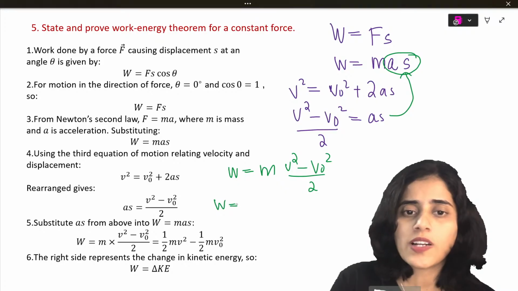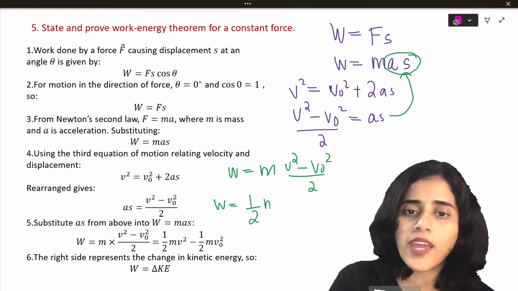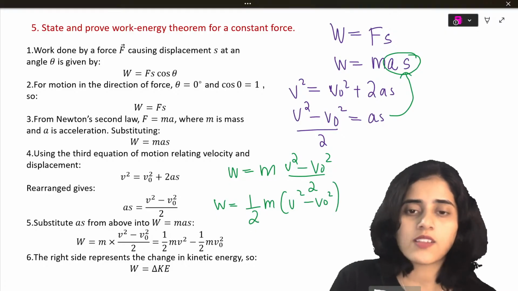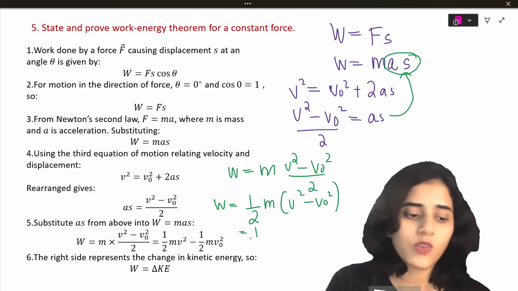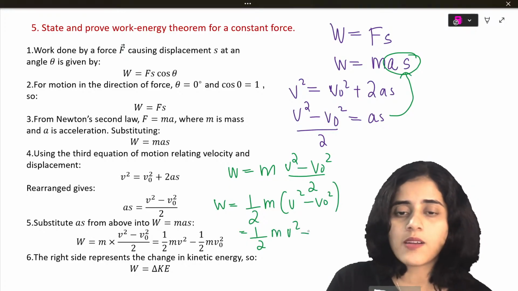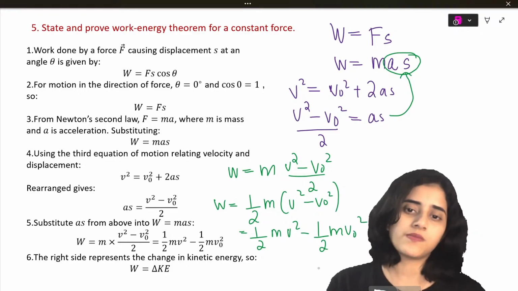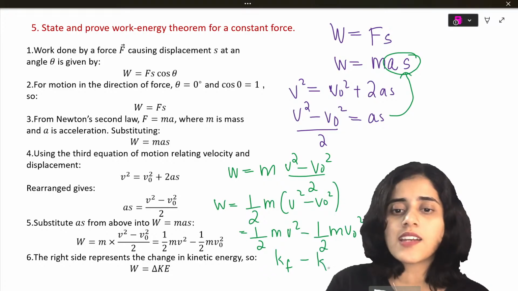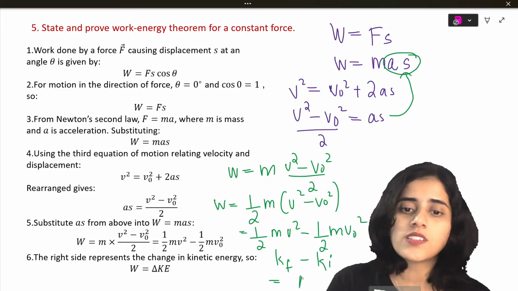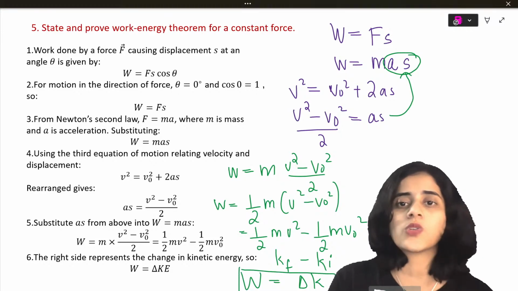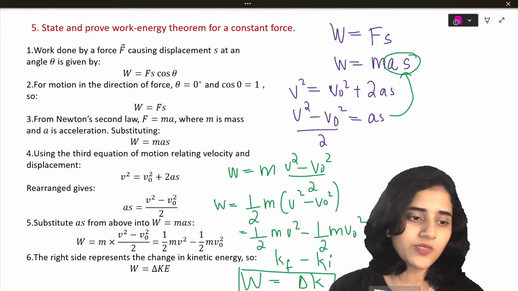So W is equal to 1 by 2 M into (V square minus V naught square). So this will become 1 by 2 mv square minus 1 by 2 mv naught square, which is kinetic energy final minus kinetic energy initial, which is change in kinetic energy. So W is equal to change in kinetic energy.